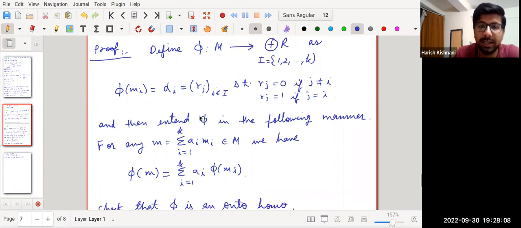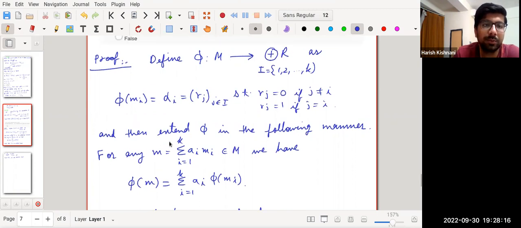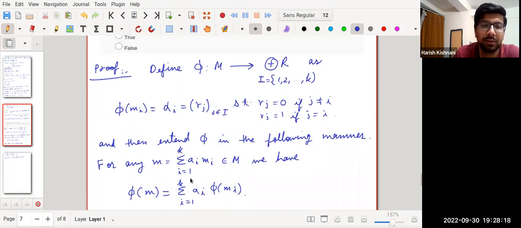You can also write it as the summation of j equal to 1 to k bj mj, right? Because this is not a basis, this is just a generating set. So extending it like that will not give you a unique image for a single element. That's why this map won't be well defined if you extend it like that.